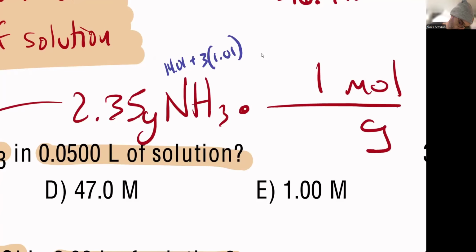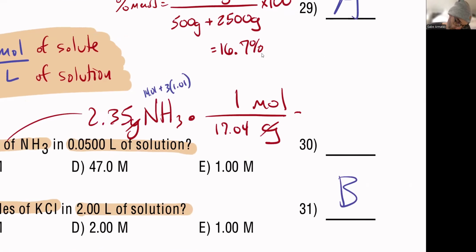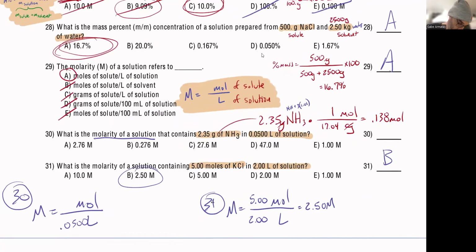So we should end up with 17.04. So 17.04 grams. Grams cancels, and I'm left with moles. So 2.35 divided by 17.04 gives me 0.138. 0.138 moles. Now I have moles and I can plug that in.